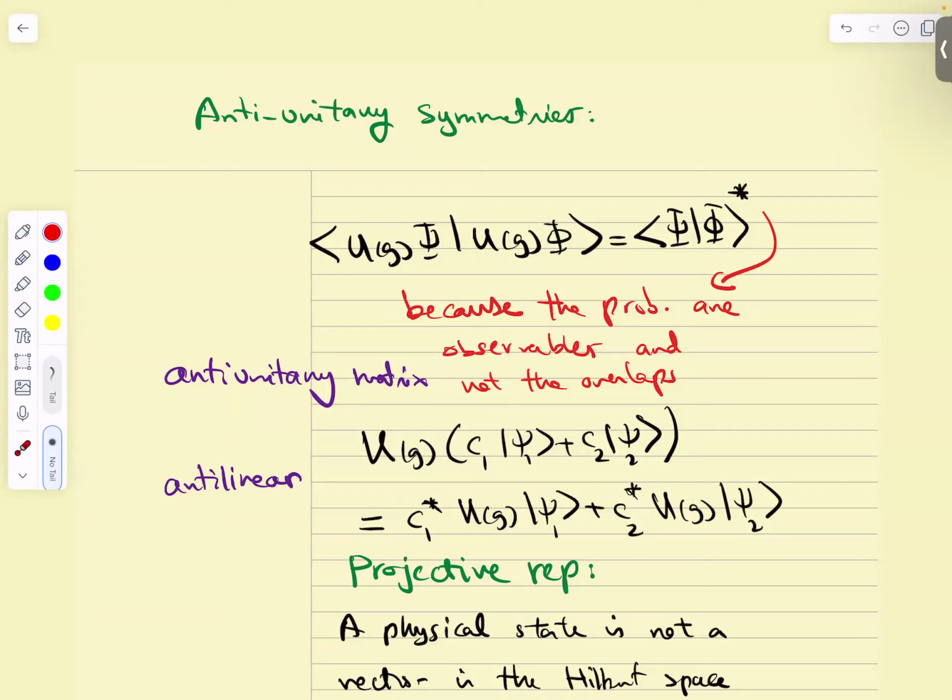Because the physics interpretation is not associated with inner products, it's associated with the norm of the inner product. So if you had an anti-linear transformation, an anti-unitary transformation representing your symmetry, you would have no physical way of understanding that it's not a symmetry, right? Because the only thing that's physically sensible is the probabilities, right?